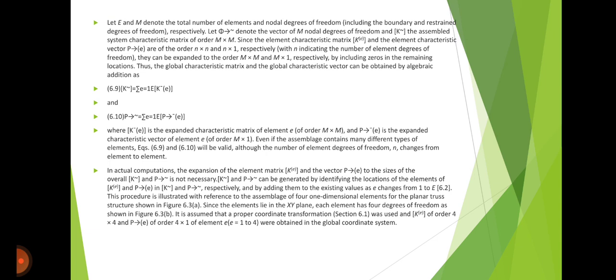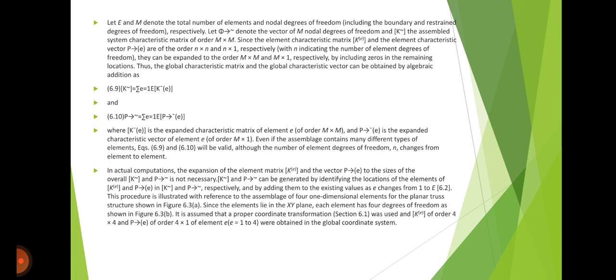Let theta denote the vector of M nodal degrees of freedom, and K the assembled system characteristic matrix of order M by M. Since the element characteristic matrix K and the element characteristic vector P of E are of order n by n and n by 1 respectively, with n indicating the number of element degrees of freedom, they can be expanded to the order M by M and M by 1 respectively by including zeros in the remaining locations. Thus, the global characteristic matrix and the global characteristic vector can be obtained by algebraic addition.